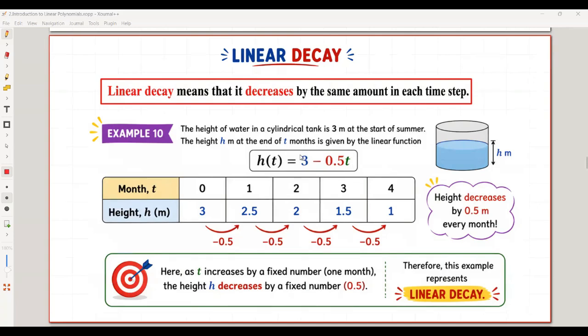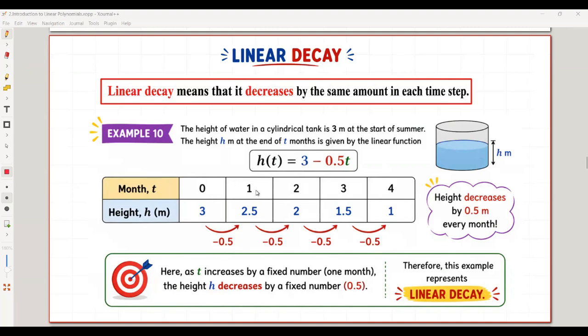In the beginning, the height is 3 meters, and it decreases every month by 0.5. So this is the linear function for the given condition. Initially, at month 0, the height is 3.